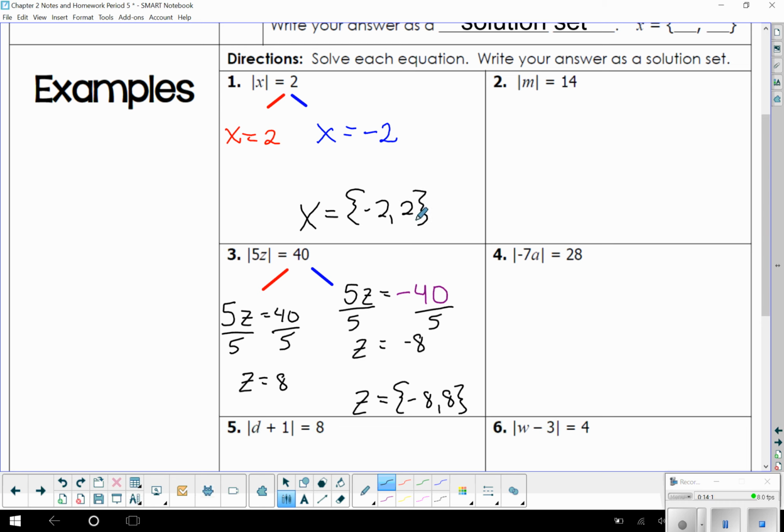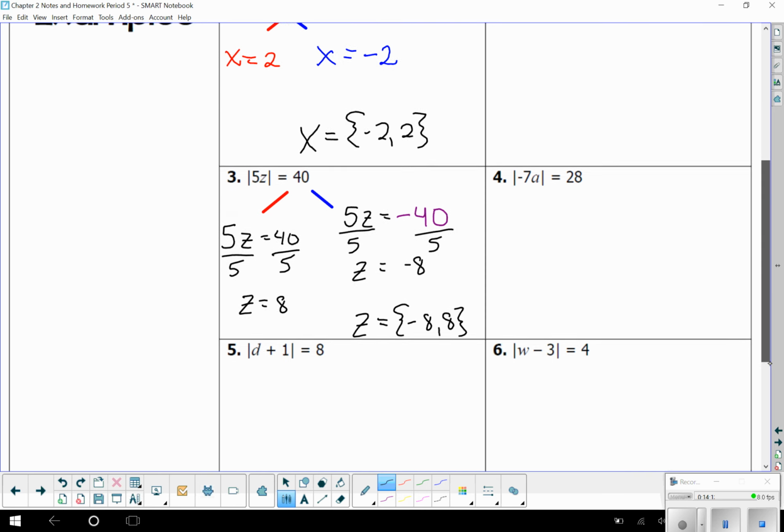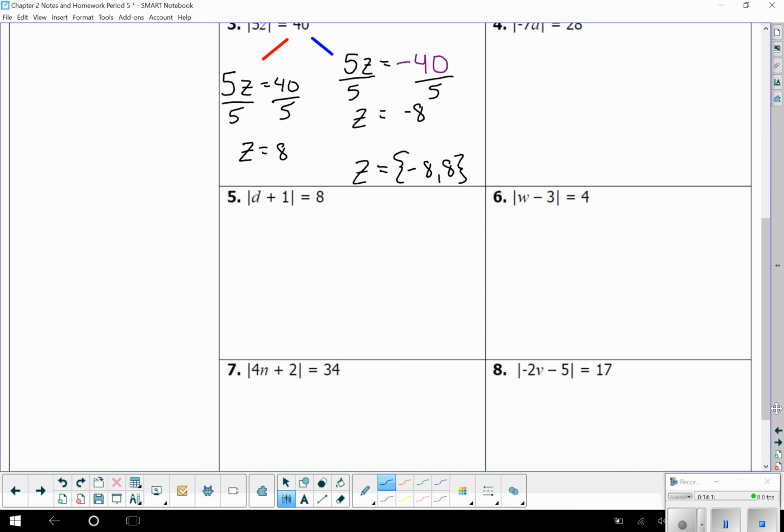Okay, so let's go down, let's look at number 6. So we're going to break these off into 2, write it the way it is, W minus 3 equals 4. And then whatever's inside, you write the same, and then minus 4. And then solve. So add your 3.